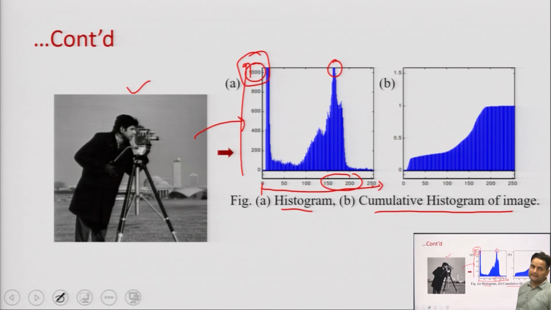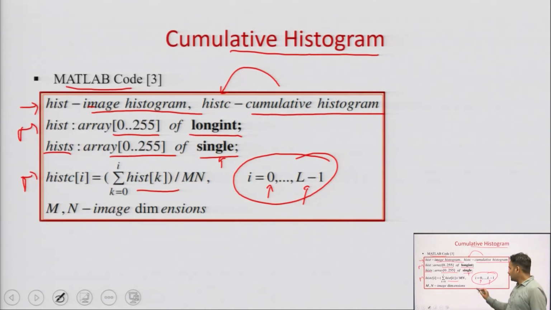That information is provided by the histogram, and after using the cumulative histogram function, you get this kind of histogram. You may observe that your histogram is cumulated. Why is it so? Because we are using this function.